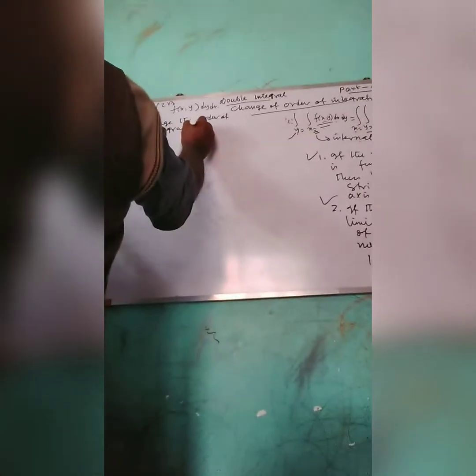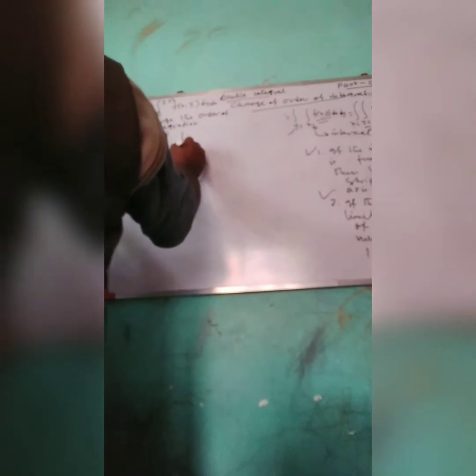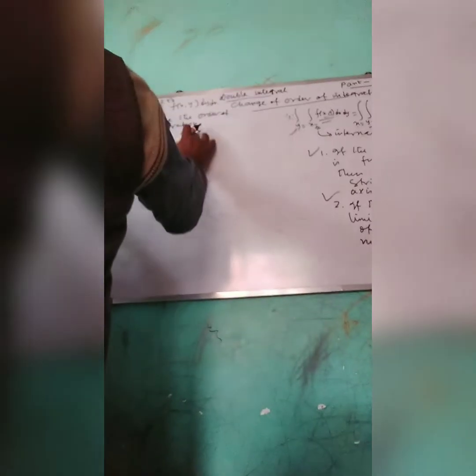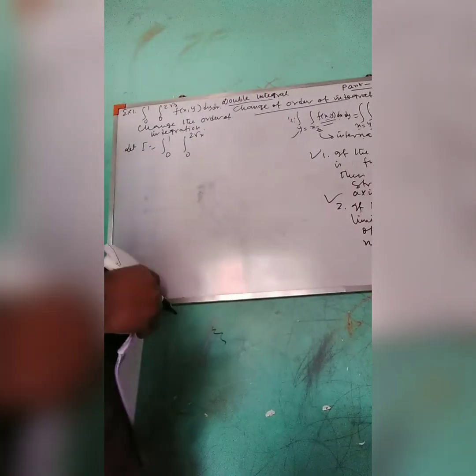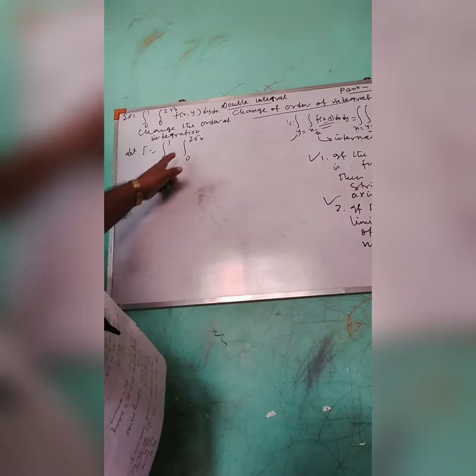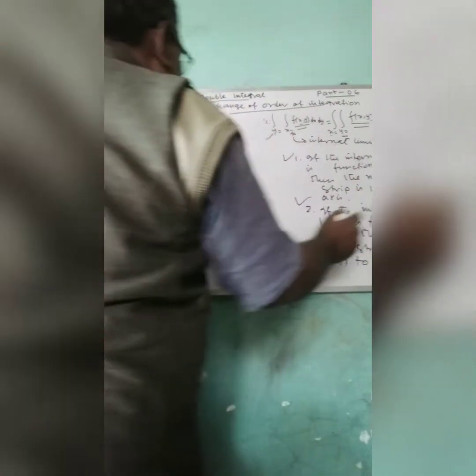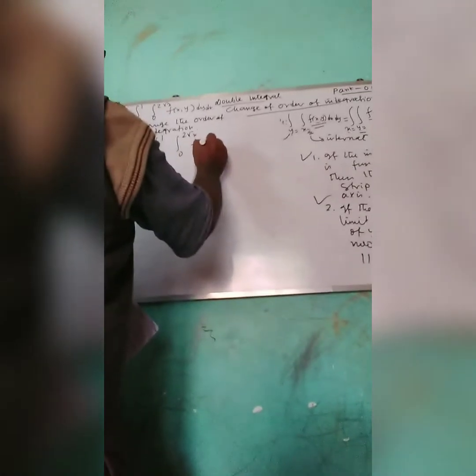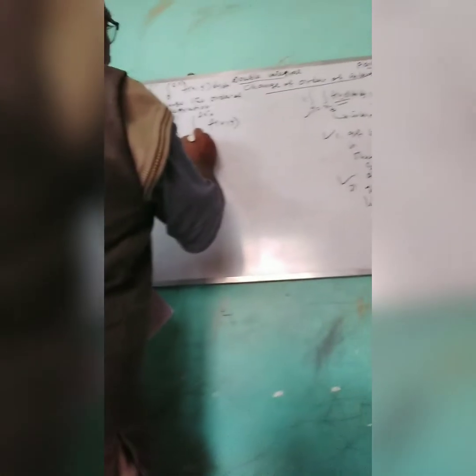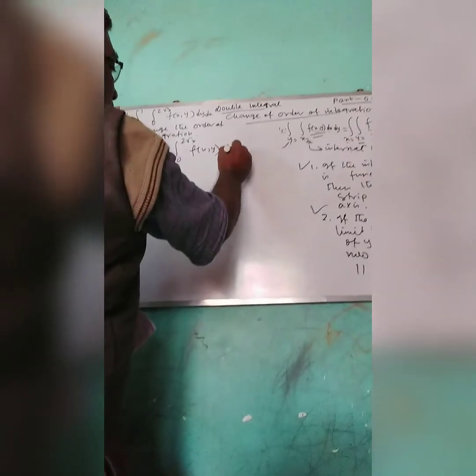Let I equal integral from 0 to 1, integral from 0 to 2 root x. This is the internal limit and this is the external limit. The internal limit is a function of x, so the new strip is parallel to the x-axis. This is f(x,y). This will be y equals, so this will be dy dx, and this will become x equals.